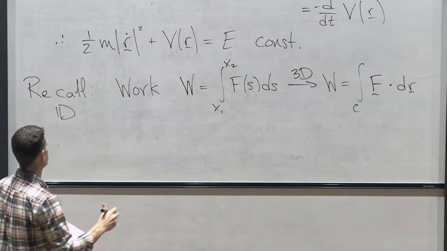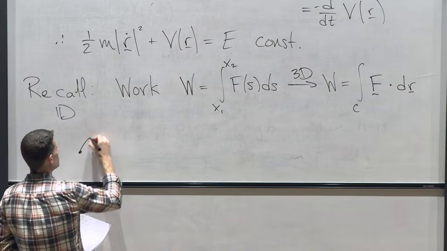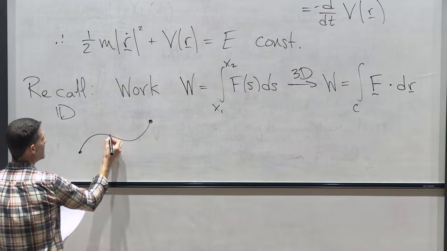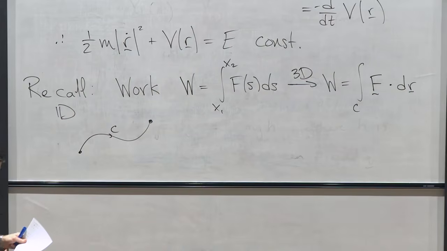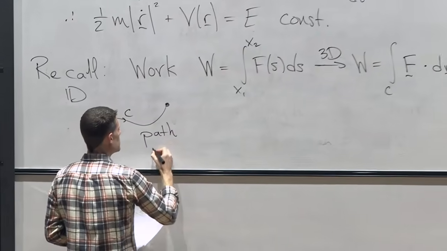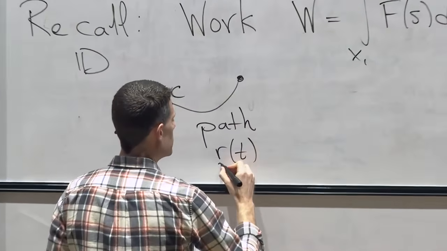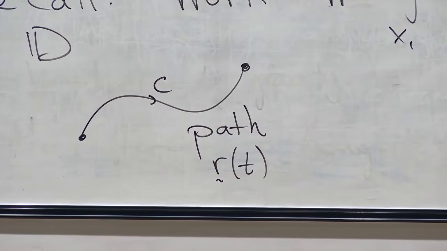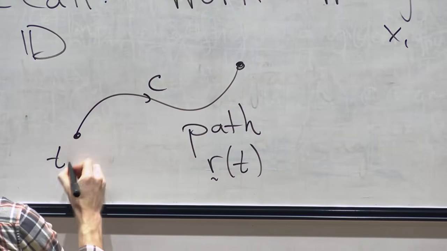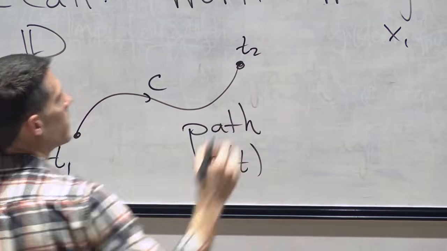So I have some curve C, and that's the path r of t. So the object, our particle, is following this path through space. Now let's suppose at this point it's at, call that time 1 and time 2.